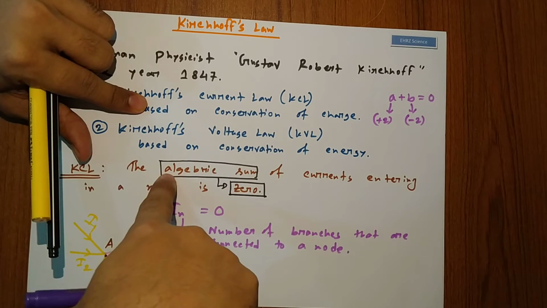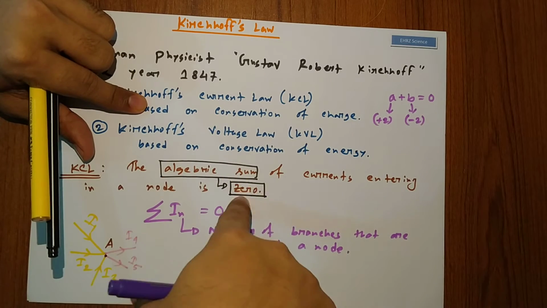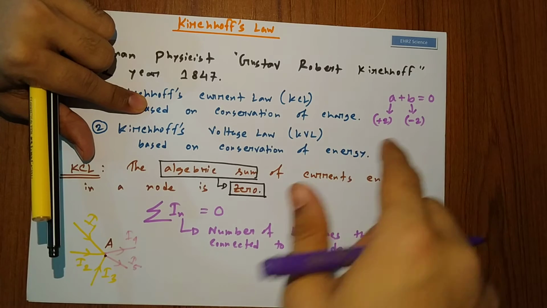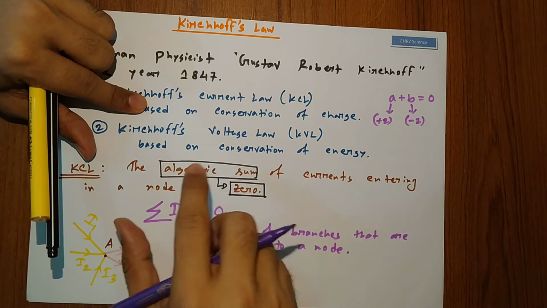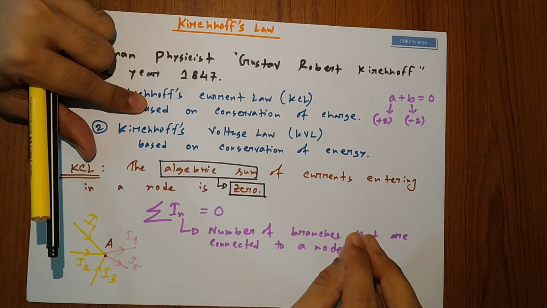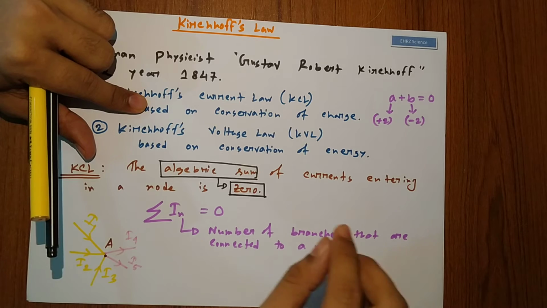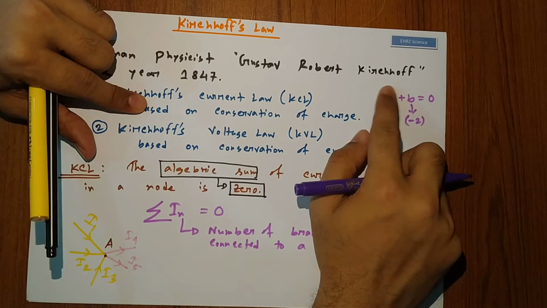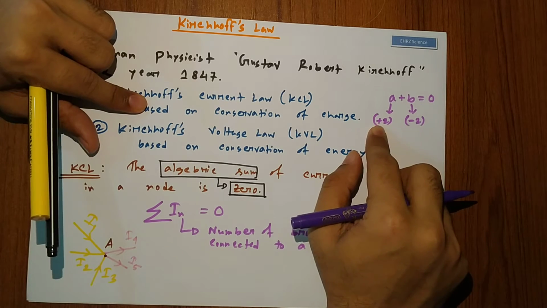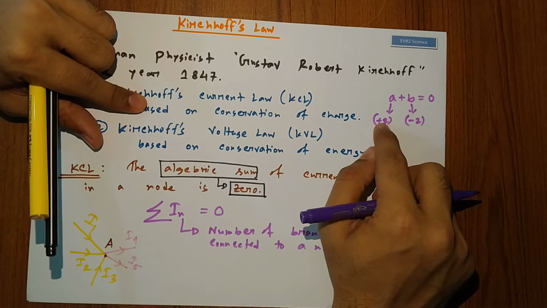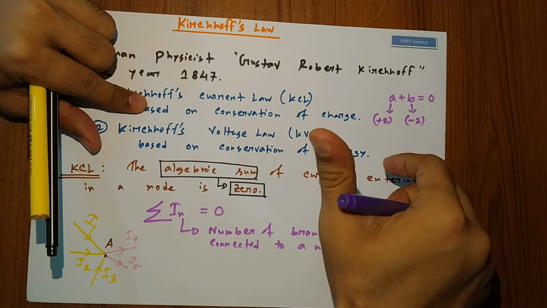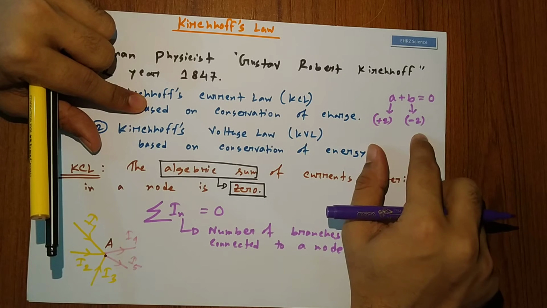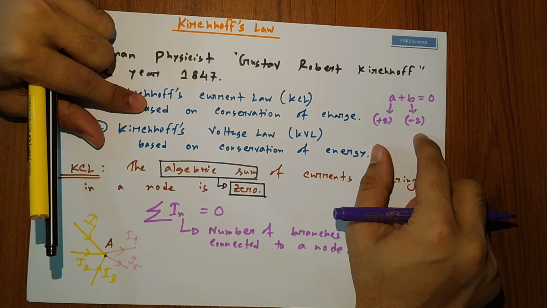Now this means the algebraic sum is 0 here. So the algebraic sum of any different quantities is 0. That means the sign of some quantities are positive and the sign of some quantities are negative.